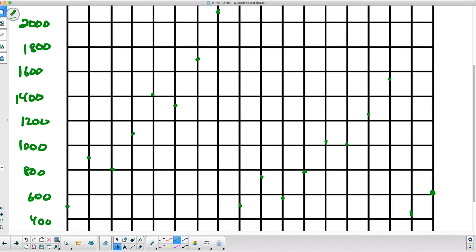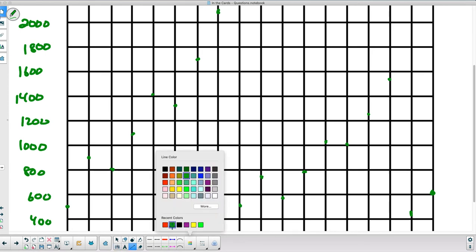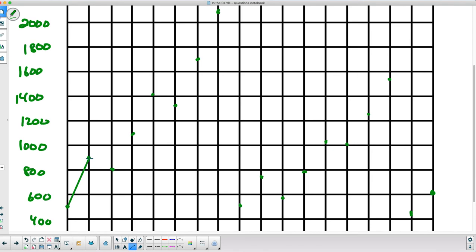Now, that doesn't look like much with the dots, but watch what happens when I start to put the lines in. I'm going to do my line function here, and I'm going to do a green line. Oh, good. So that you can see that if I go from here to here, doesn't that look nice? There to there, there to there, there to there.